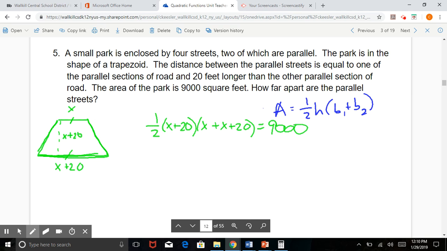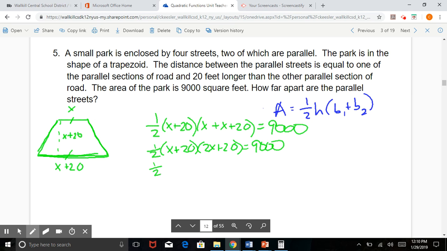Now we start the process of simplifying this. So 1/2 of x plus 20 times 2x plus 20 equals 9,000 square feet. Then I can either distribute the 1/2 or double distribute first. I'm going to go with double distributing first.